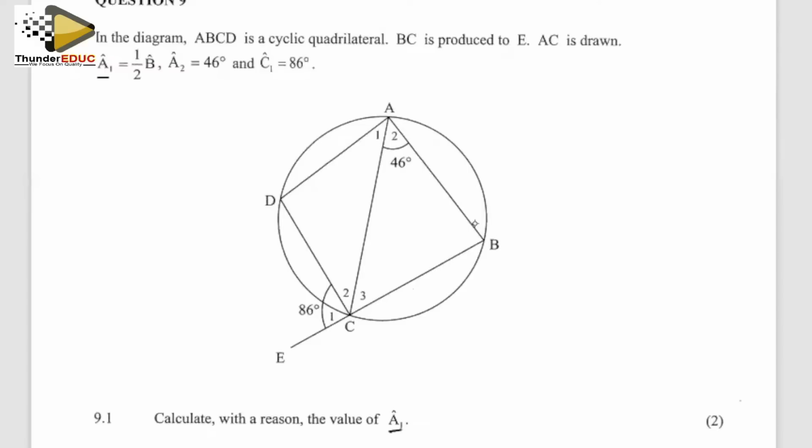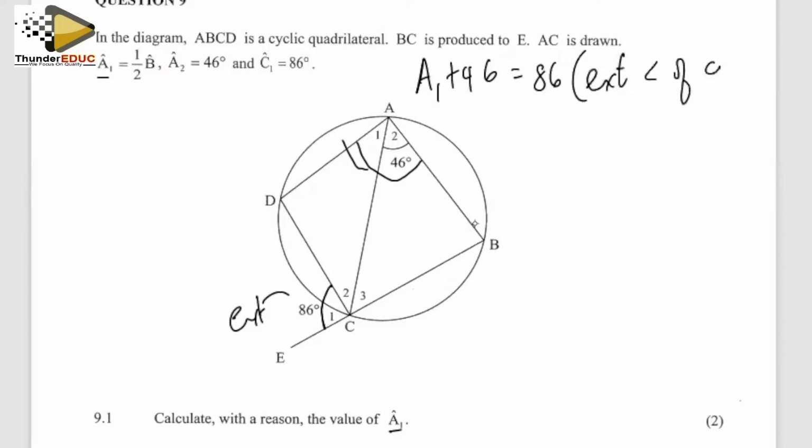So we know that if this is 86, the whole of this must also be 86 because this is an exterior angle. This is the opposite interior. So I'm going to say that A1 plus 46 must give us 86. Reason, exterior angle of a cyclic quad. Then let's move the 46 that side, which means A1 is 40.